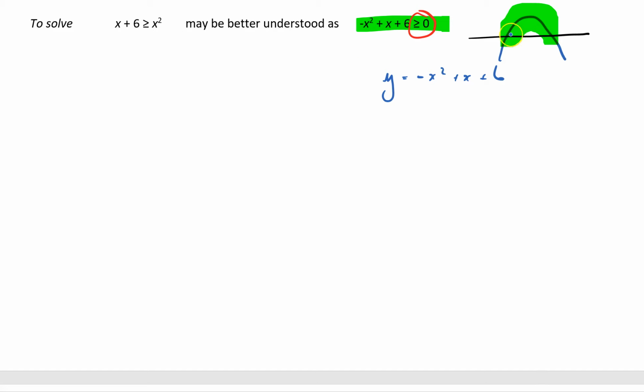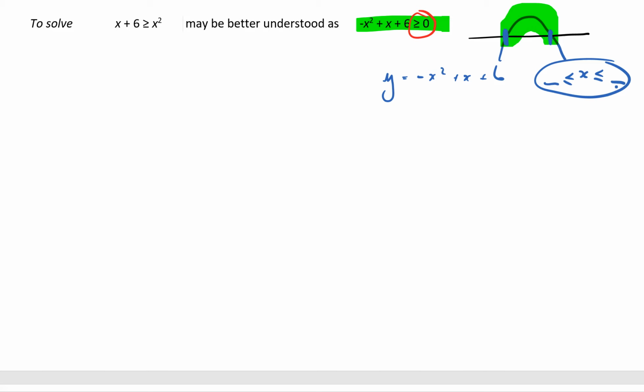You can probably see that our solution is going to be a continuous one again. So we'll go continuously from this x value to this x value. So we really should be able to write our solution, and it'll have an equal sign, in this format. We're yet to identify what these two numbers are.